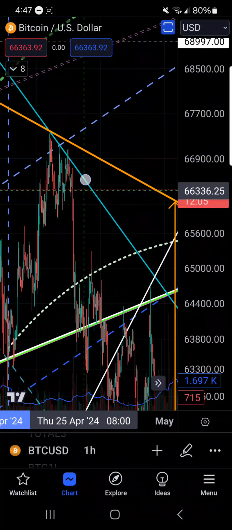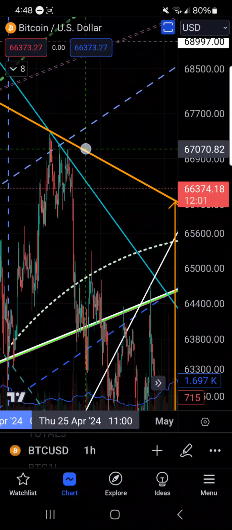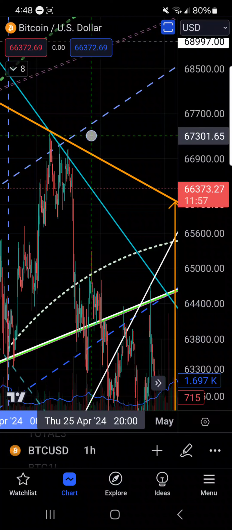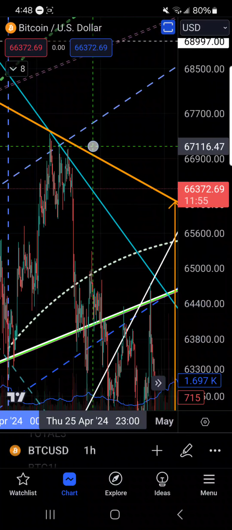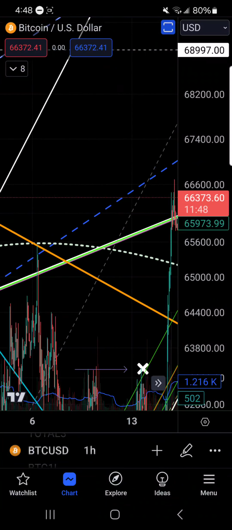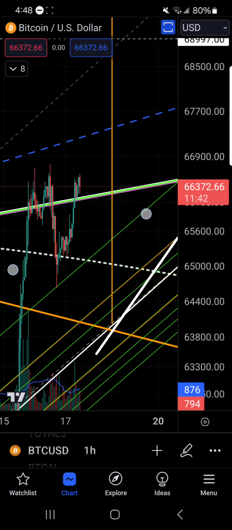And so then what you see too, again here, remember, this is around 67,100 to 67,340. When we come over here to where we're at today, this is where we're at today.